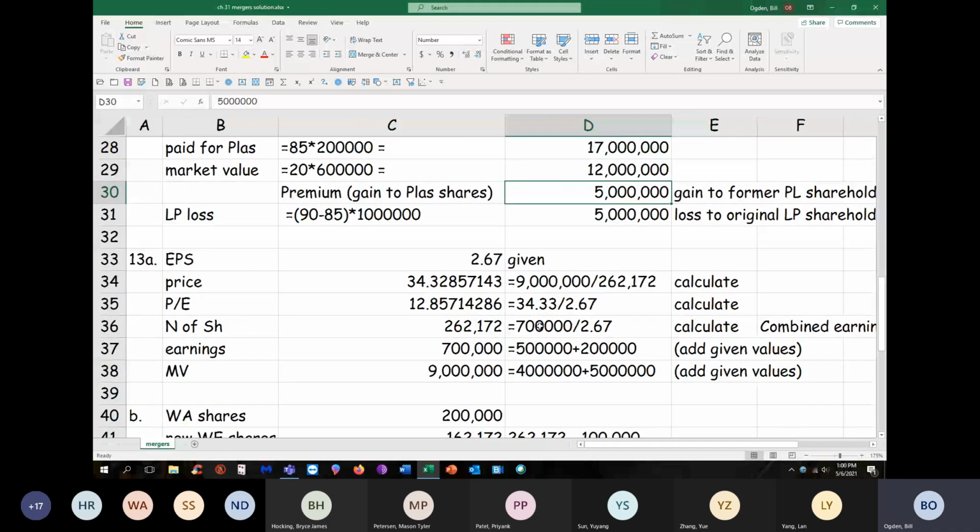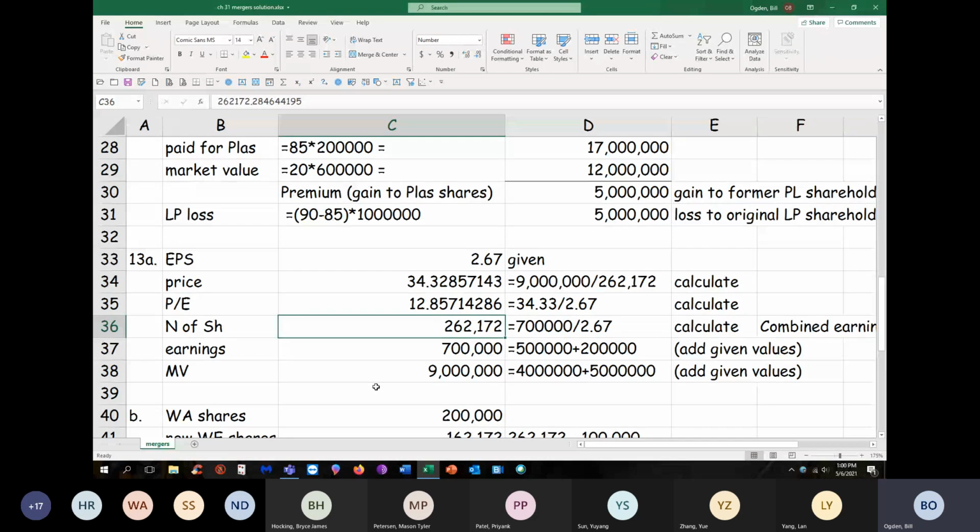This is the table I suggested that you would start from the bottom. So we have the market values of $9 million, that's given. We have the earnings, and that's given. All right, so if we were to take these total earnings, and create earnings per share of 2.67, that would imply a total number of shares for the company of 262,172.